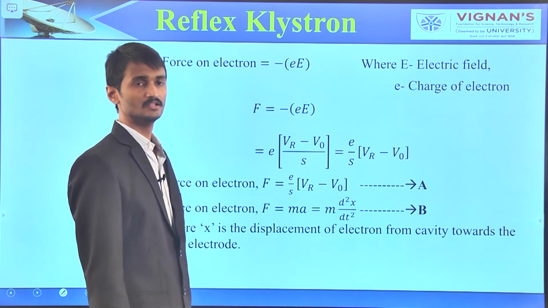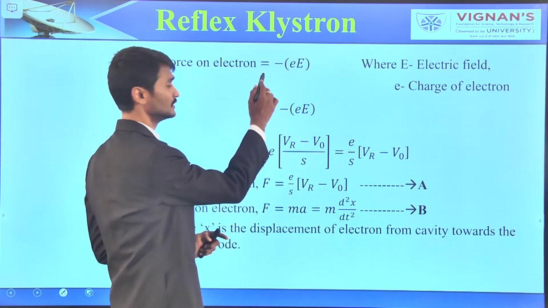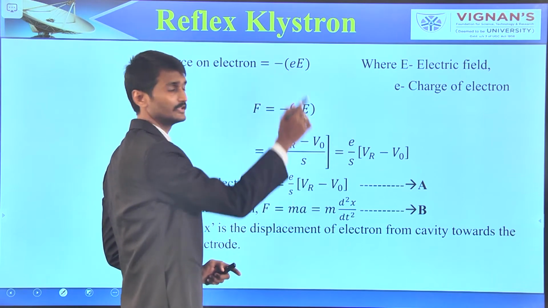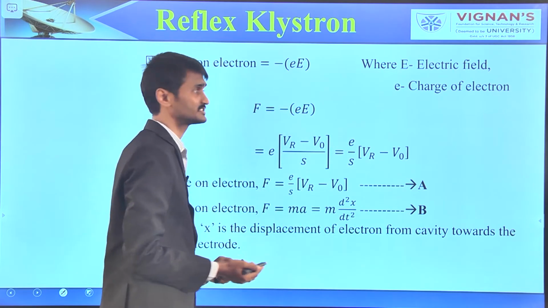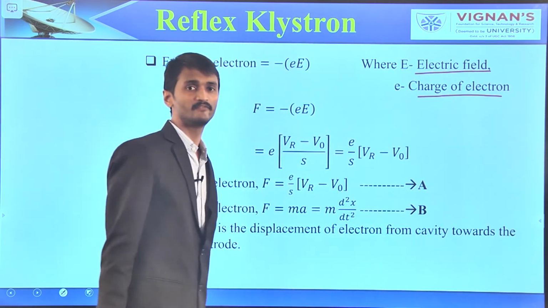Force on electron. We know that the force on an electron is F equals minus e into E, where small e represents the charge of the electron and capital E represents the electric field.